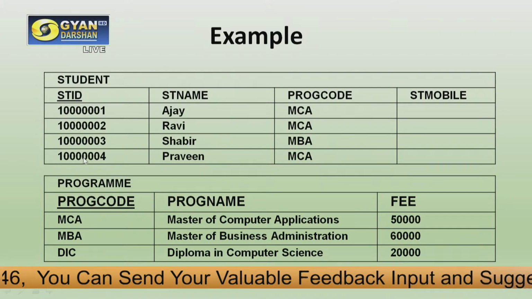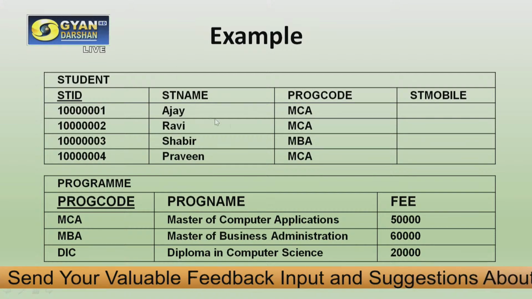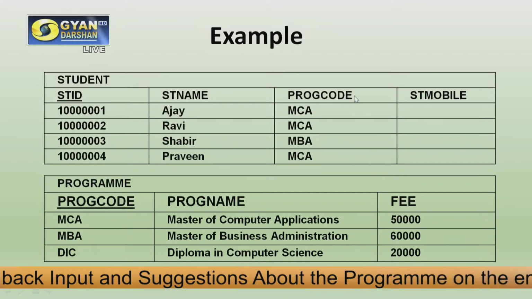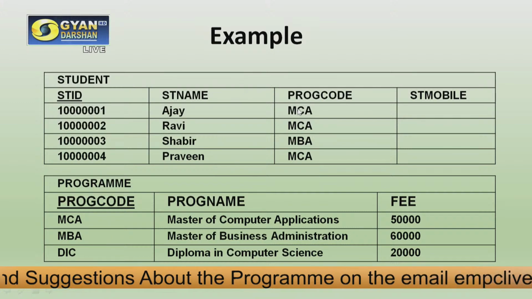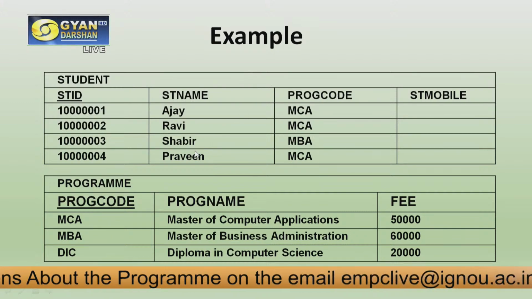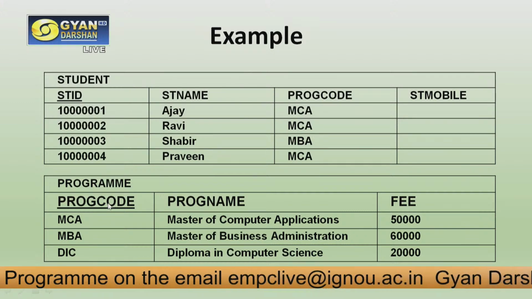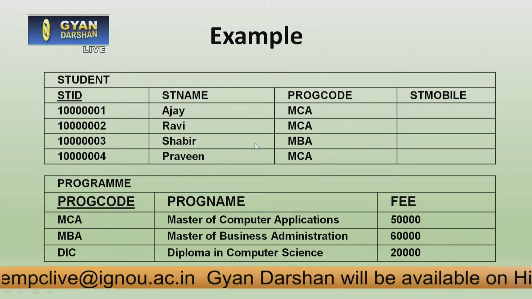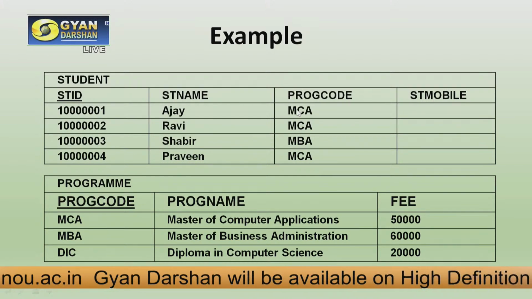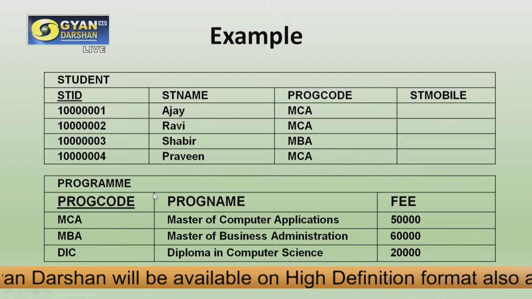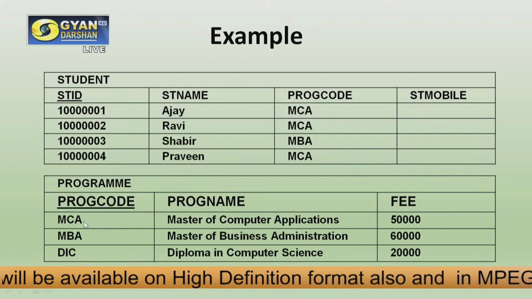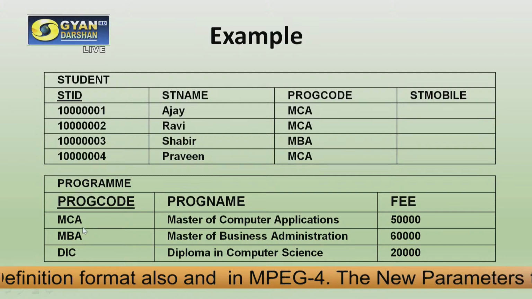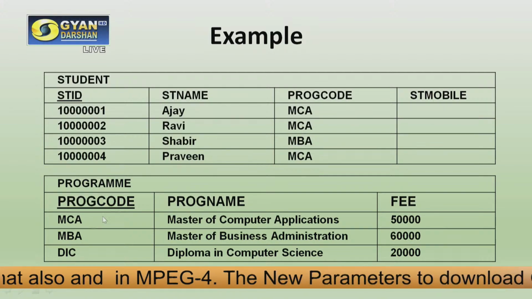database. So this was the database which we have already stated. Now what is the case? Program code in the student table is referencing program code in the program table, right? That simply means, if this is MCA, MCA is existing over there, and MBA, there is another MBA, MCA.